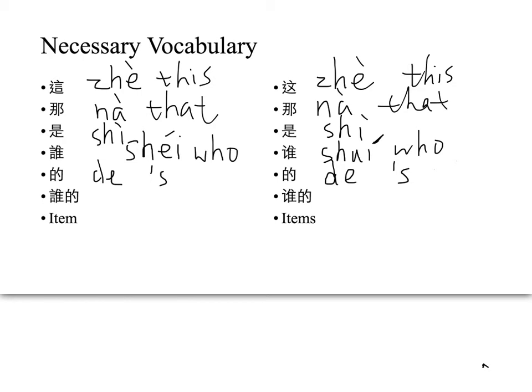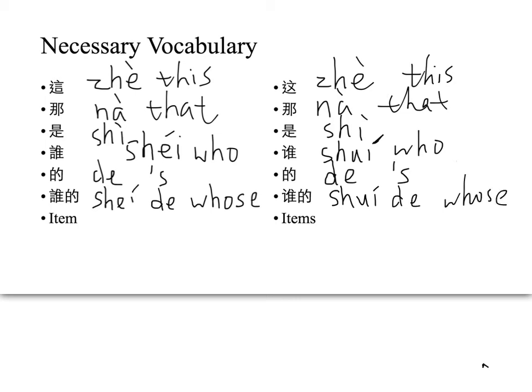Because 的 is used to indicate possession, when you have 谁的, whose, in English we use this spelling instead of apostrophe s to indicate possession of who. 谁的。All right, so let's go back.